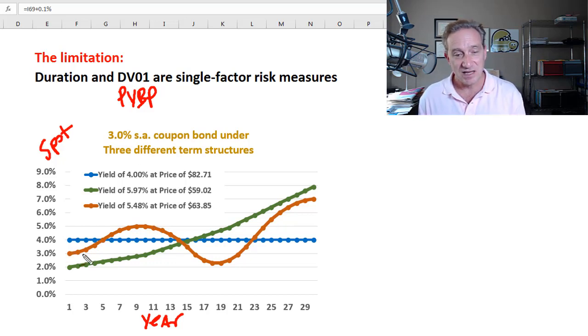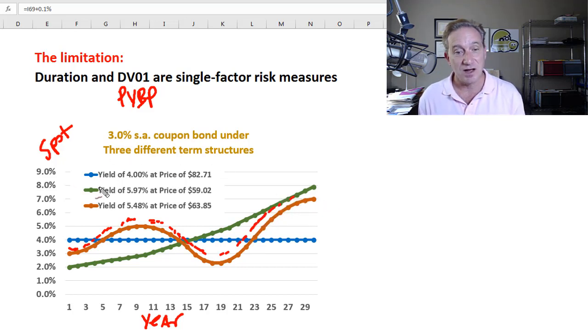So even for the goofy one here, when we use duration or any of these single factor measures, because we're using a single factor, only one variable to describe the shift, if we're shifting it up, then implicitly, it's still a parallel shift. My shift here is more dramatic than 1 basis point, but just to illustrate, it's still a parallel shift.